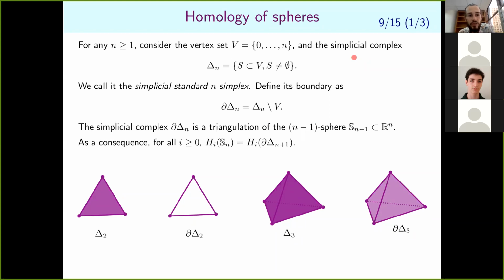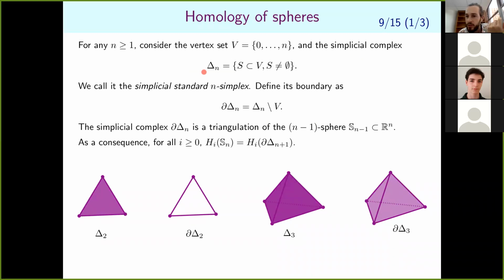I will triangulate the sphere of dimension n-1, the sphere in R^n. And to do so, I will take n+1 vertices. Okay, I will build a simplicial complex whose vertex set has n+1 elements.